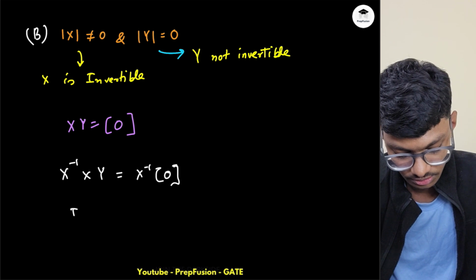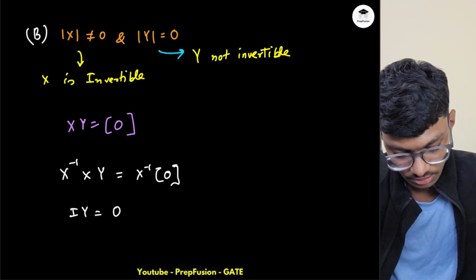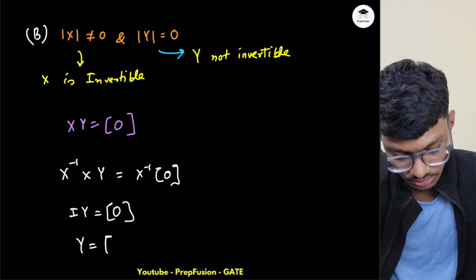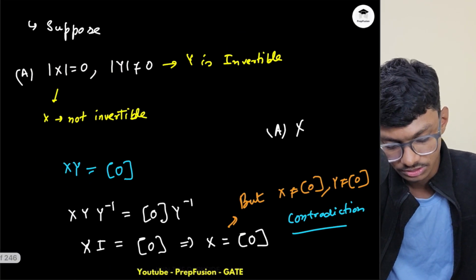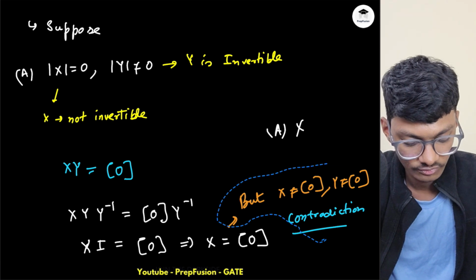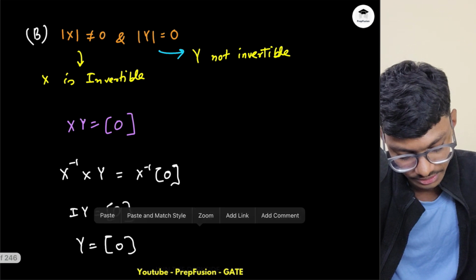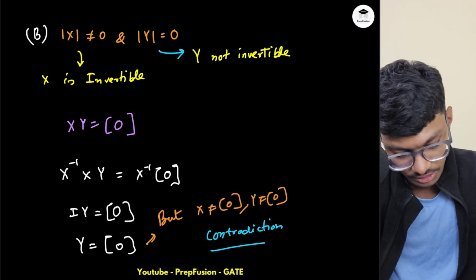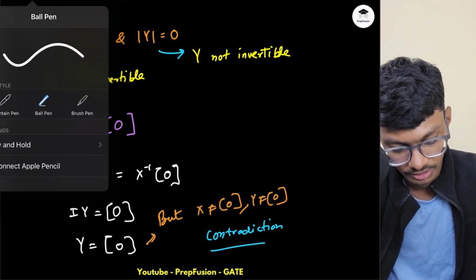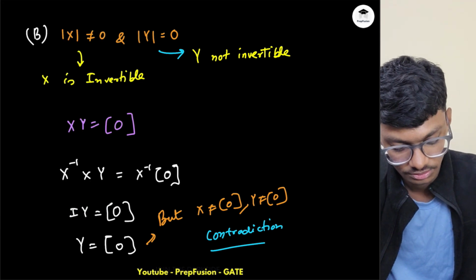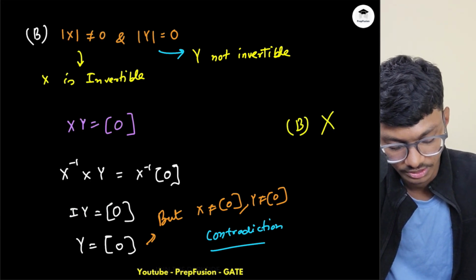So this will be I y equals 0. So y is 0. Again, this is a contradiction because we assumed that x and y are non-zero matrices. So again, b also won't be a possible option. So b is also gone.